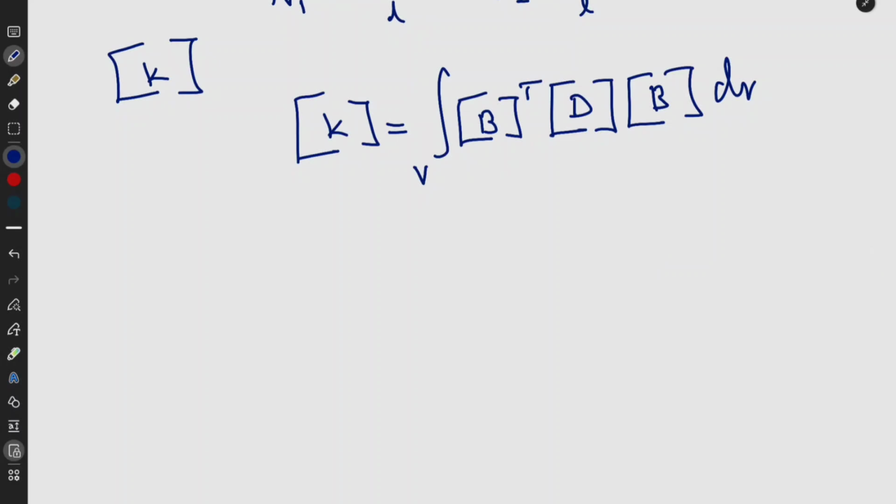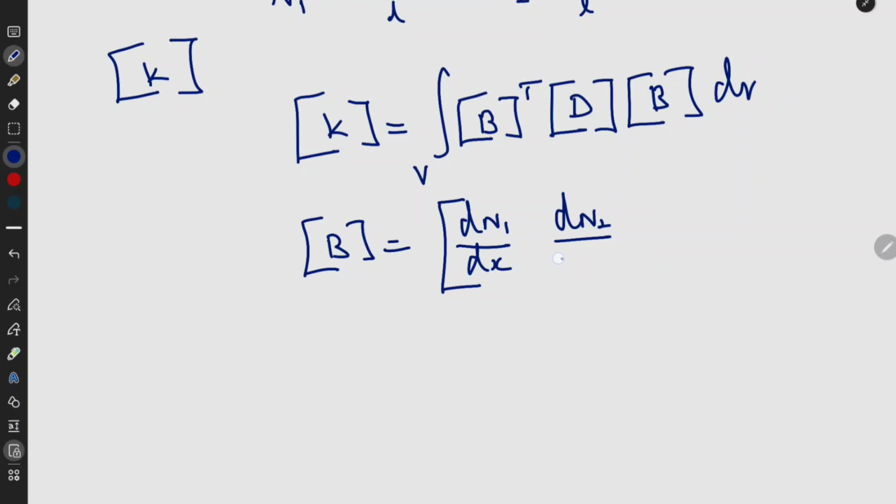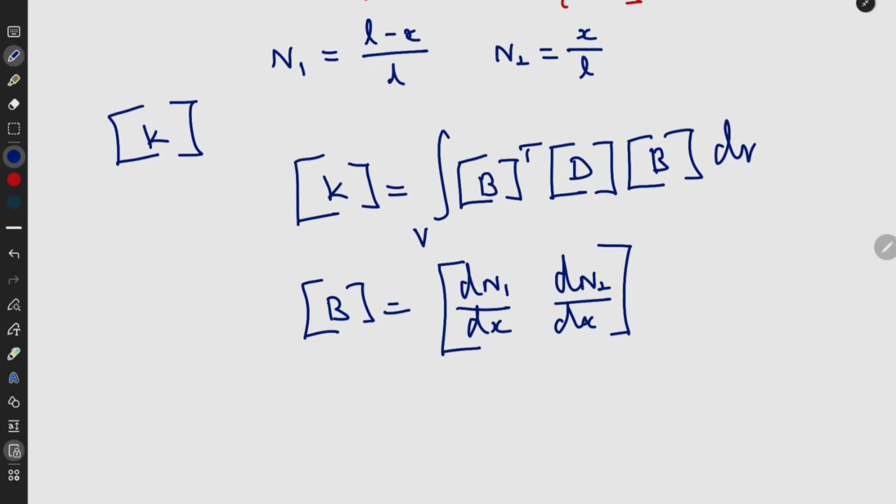So first I am going to calculate the value of B. The equation for B is dN1 divided by dx, then dN2 divided by dx, as it is a two noded element. We know the values of N1 and N2, so I can calculate dN1 by dx.